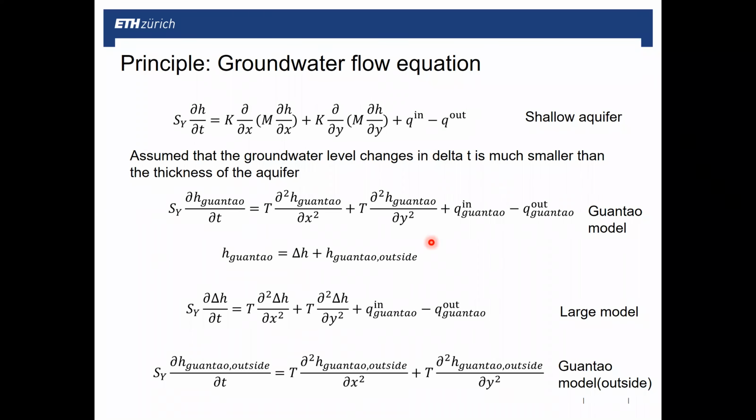And then we substitute these into the groundwater flow equation, and we get two other equations. One equation we use to develop this large model, and here we need to consider the sources and sinks in Guantao. The other we use to define the groundwater level determined by the outside drivers.